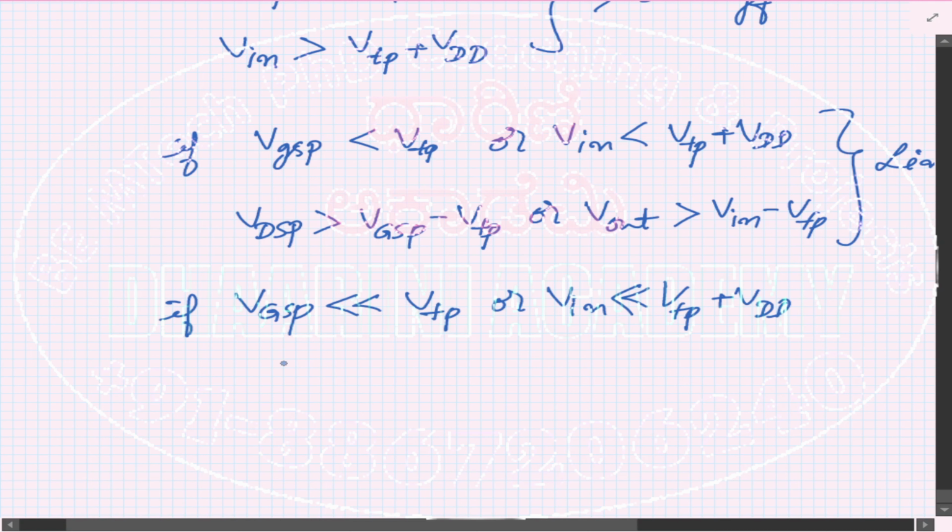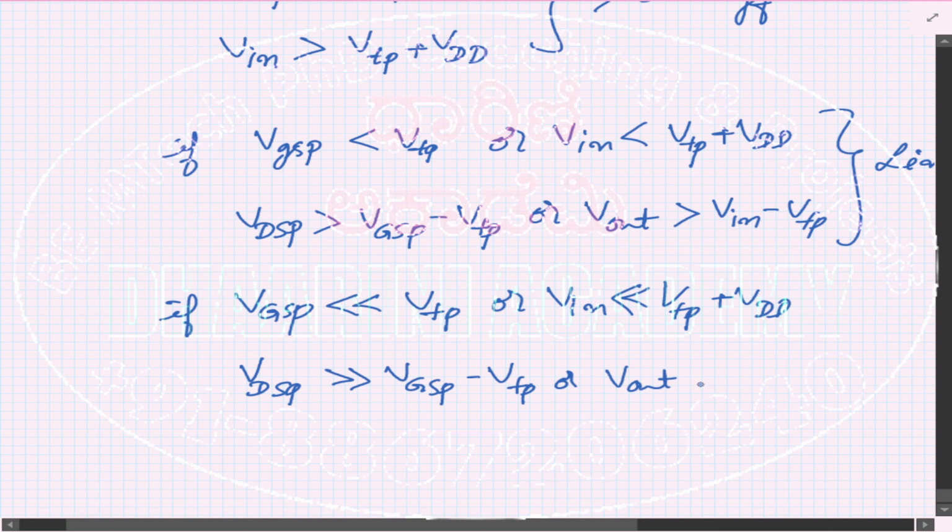Or you can write in terms of the drain to source voltage, that is VDSP is bigger than VGSP minus VTP. Or I can write the same thing in terms of V out.